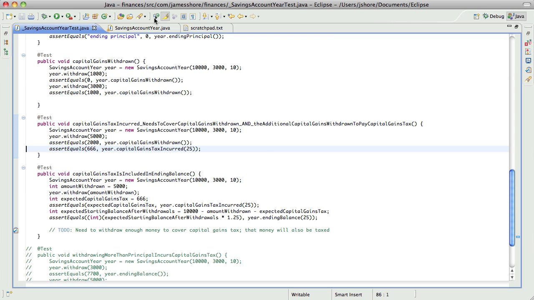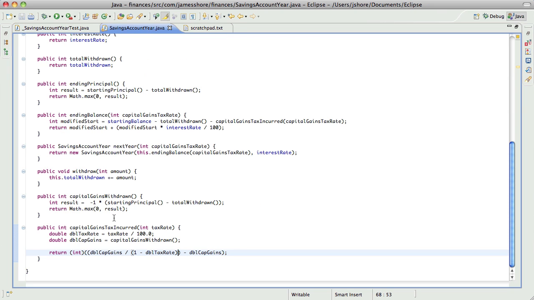I think this calculation is right, which means this calculation is wrong. Starting balance minus total withdrawn minus capital gains incurred is equal to our modified start plus, that's interesting.